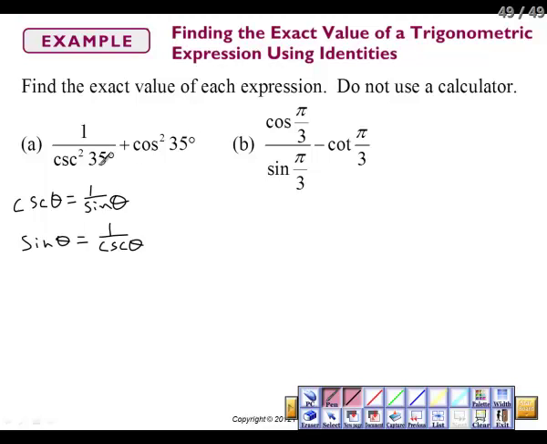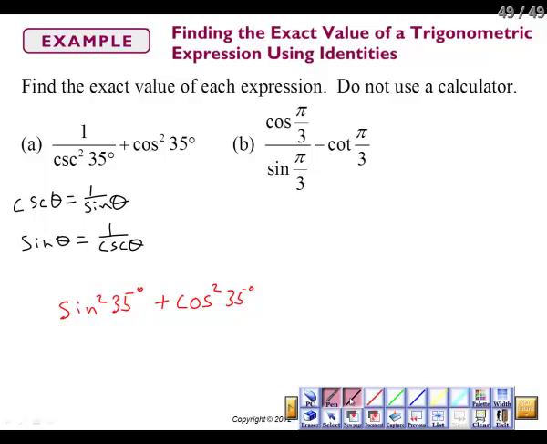Now, as long as the angles are the same, it really doesn't matter what the angle is. The properties are going to be the same. So we know that cosecant is the reciprocal of sine. So we can say here that 1 over cosecant squared 35 degrees is the same as sine squared 35 degrees plus cosine squared 35 degrees.